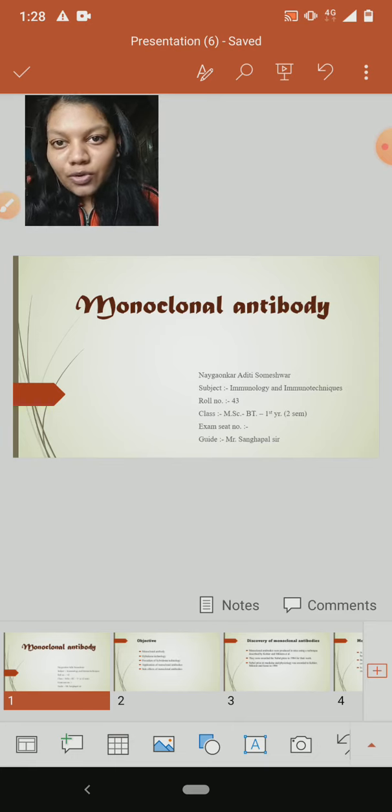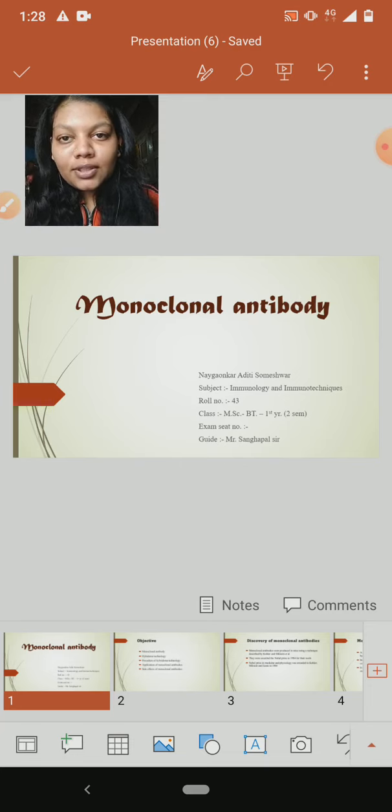There are two types of antibody, that is monoclonal antibody and polyclonal antibody. But today we will talk to you about monoclonal antibody.